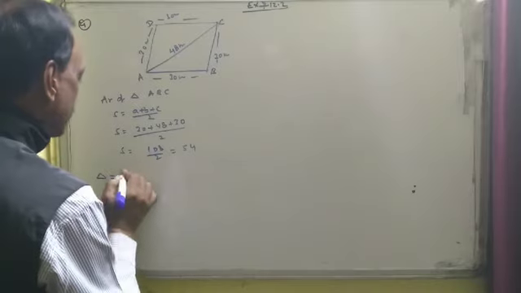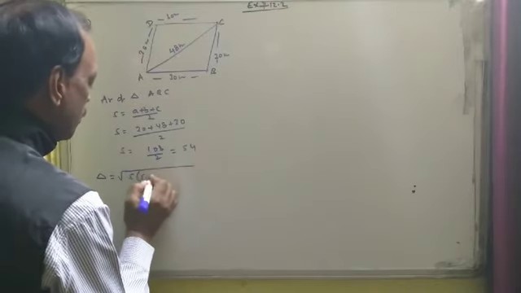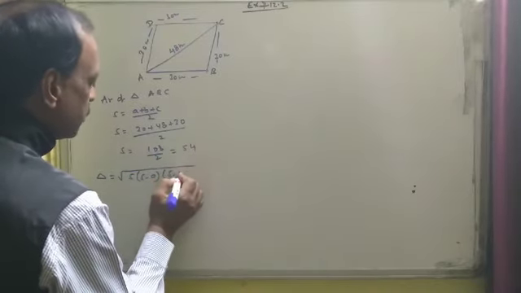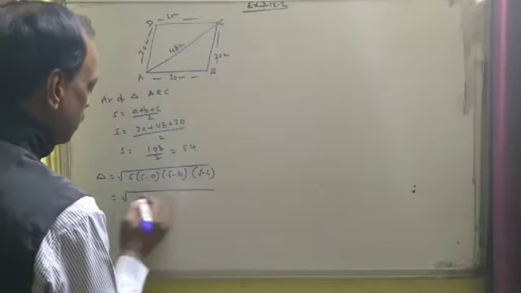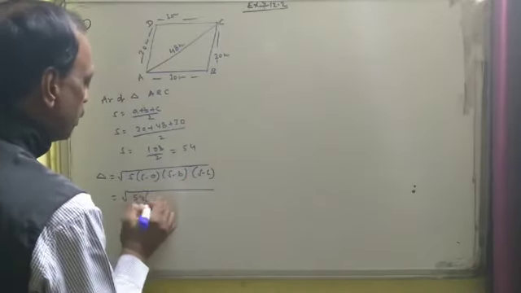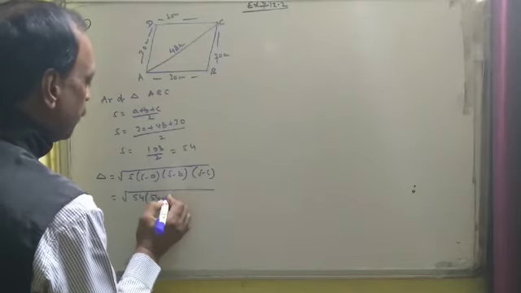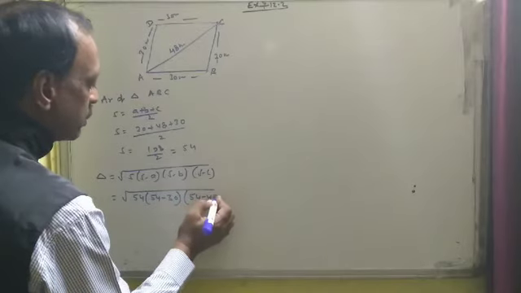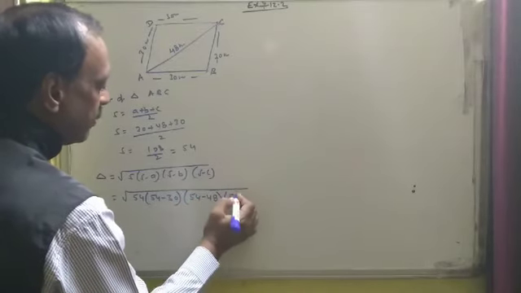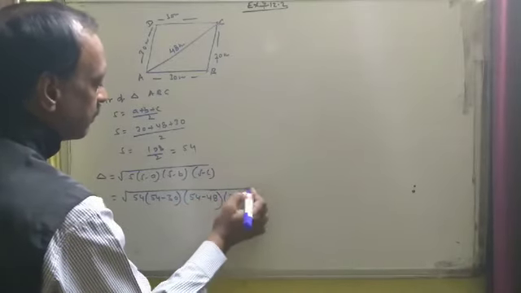Formula area of triangle: root of S into S minus A, S minus B and S minus C. S की जगह पे 54, so 54 minus 30, 54 minus 48 and 54 minus 30.